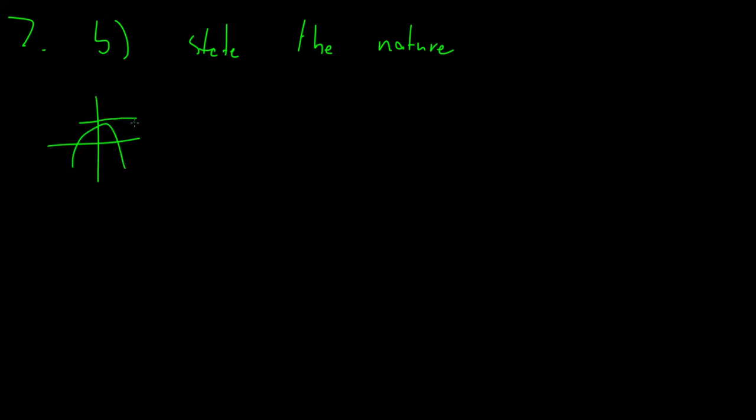Alright, so to do B, we have to state the nature. So what this means is that if we've got this here, this stationary point is a maximum. But if we've got this, then this stationary point is a minimum.